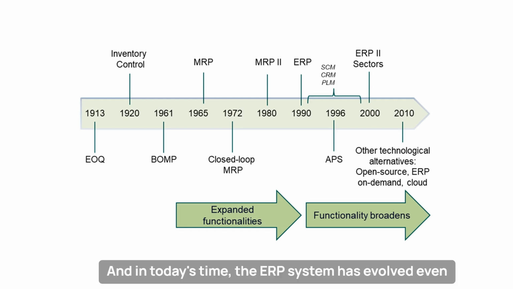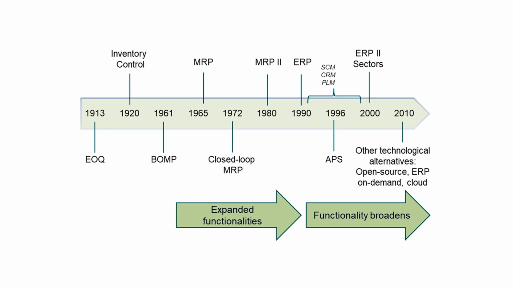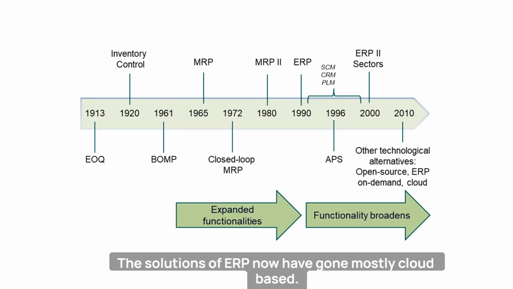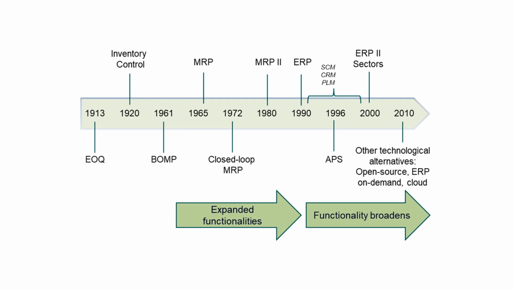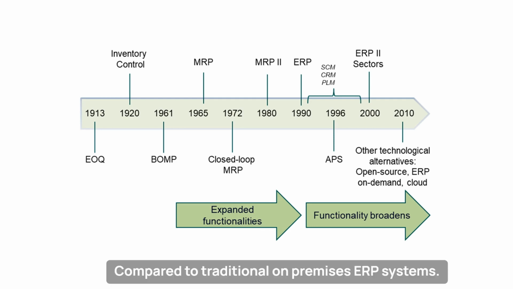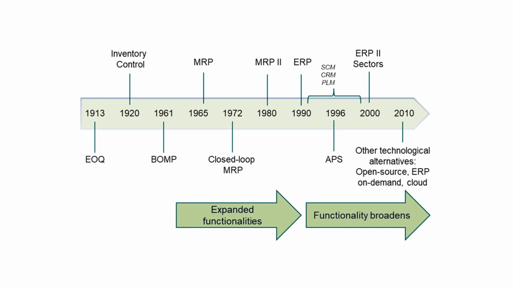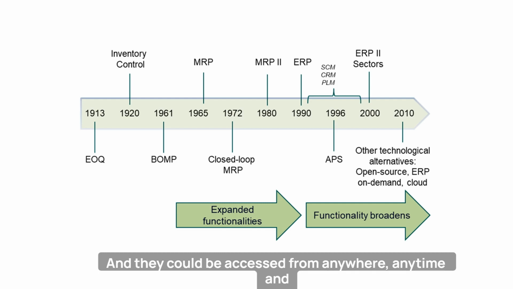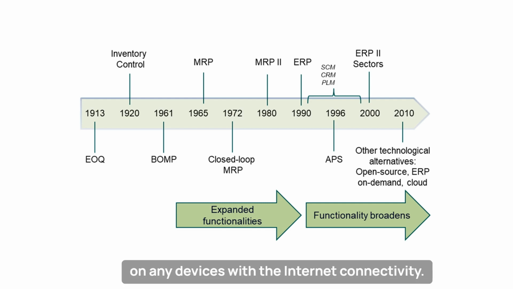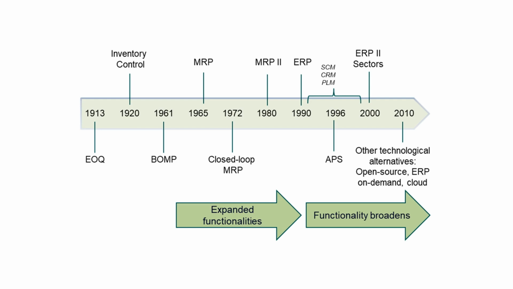And in today's time, the ERP system has evolved even more. The solutions of ERP now have gone mostly cloud-based. Compared to traditional on-premises ERP systems, cloud-based solutions offered greater accessibility and better support for remote work, as they could be accessed from anywhere, anytime, and on any devices with internet connectivity.